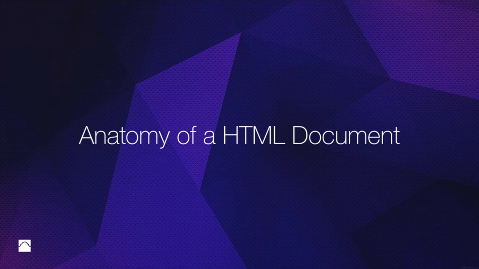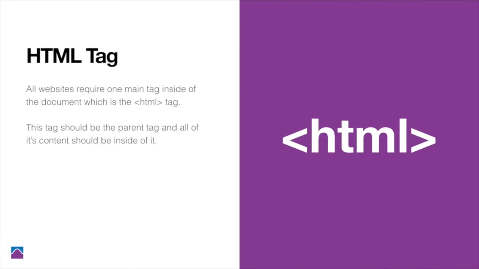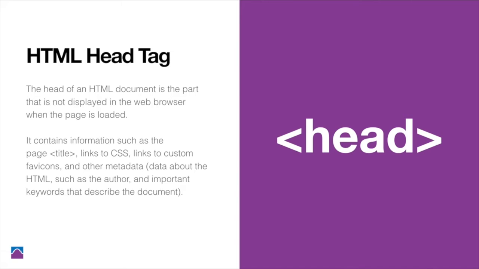An HTML document is basically made up of an HTML tag. That's the primary tag. You have an HTML opening tag, and inside of it you have a head tag. The head tag of an HTML document is the part that is not displayed in the web browser when the page is loaded.